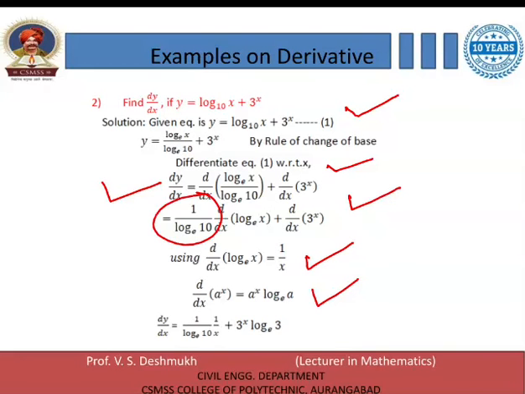Log 10 is constant, so we take it outside the derivative, into the derivative of log x, plus the derivative of 3 raised to x. So 1 upon log 10 as it is. The derivative of log x is 1 by x, plus 3 raised to x into log 3, which is the derivative of 3 raised to x. This is the solution.